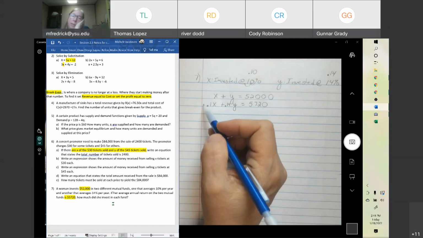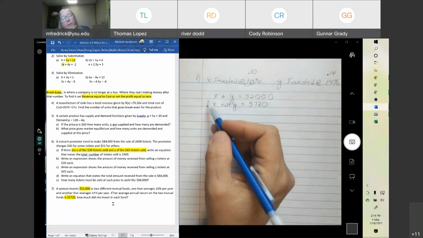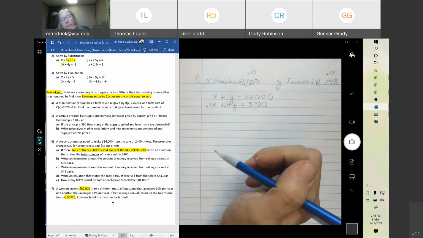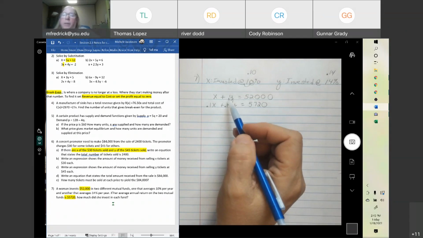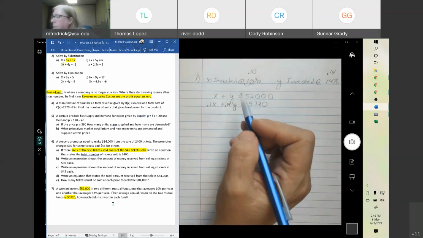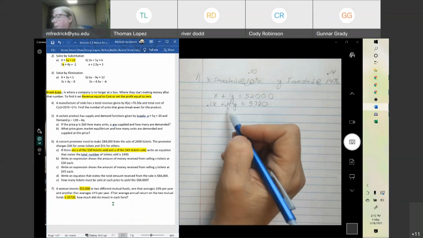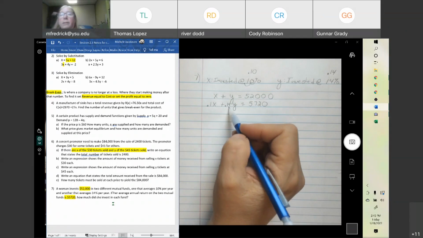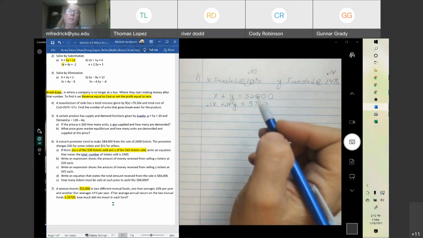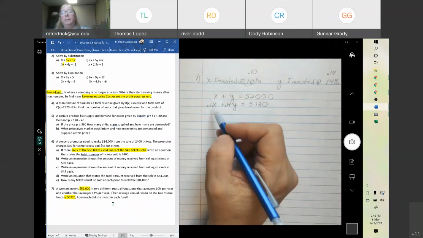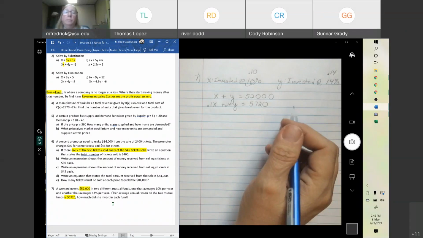Or we could multiply the bottom by a negative 10, and our x's would drop out. The y's we'd have to multiply by a negative 0.14 here or a negative 100 here. I would multiply this one by negative 10, so I'm kind of eliminating at least some of the decimals.